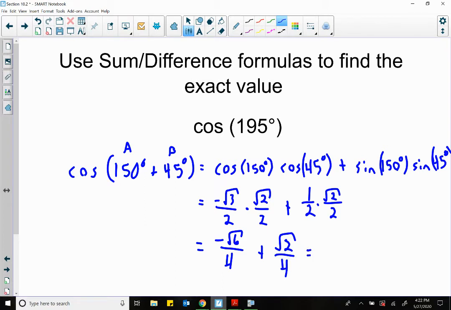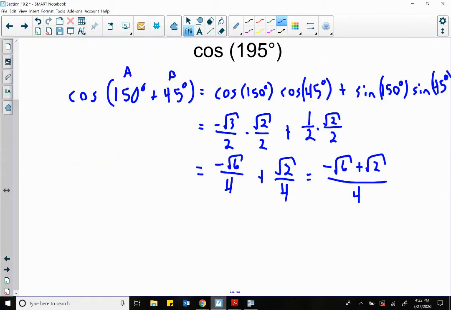And when you put it together, this is what you get. This is one possible answer. Negative square root of 6 plus the square root of 2, because they don't get together. They're not like radicals, all over 4. That's A-okay. Or you can have the square root of 2 minus the square root of 6 all over 4.